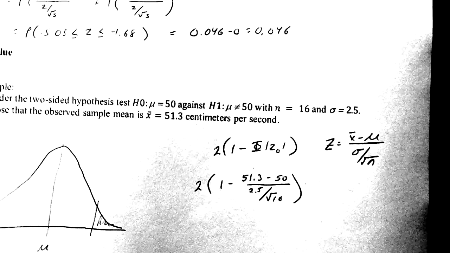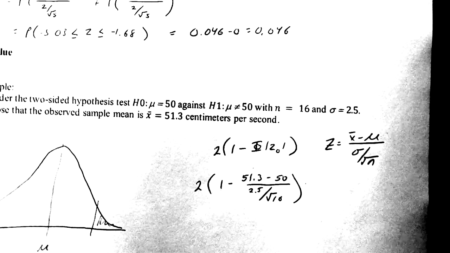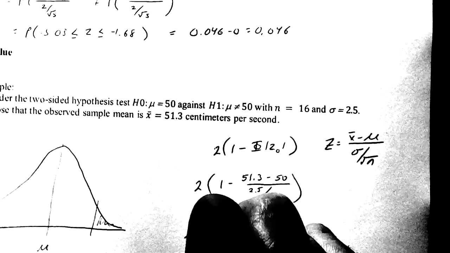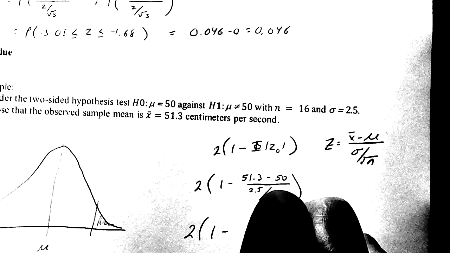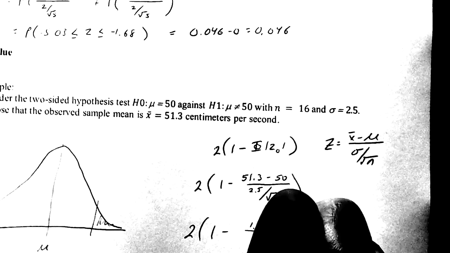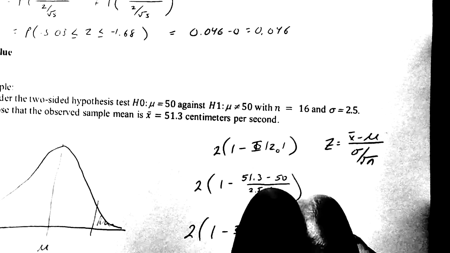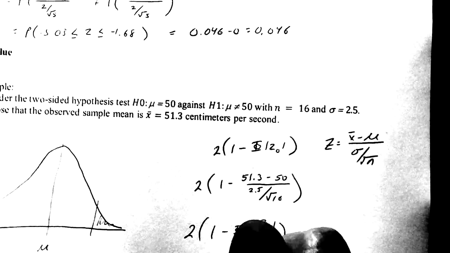And so that is 2 times 1 minus the z statistic of 1.3 over 0.625. And so that's equal to 2.08.